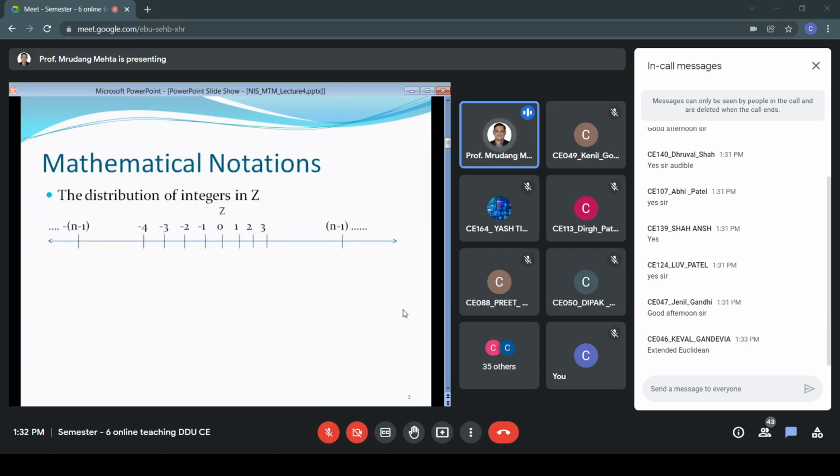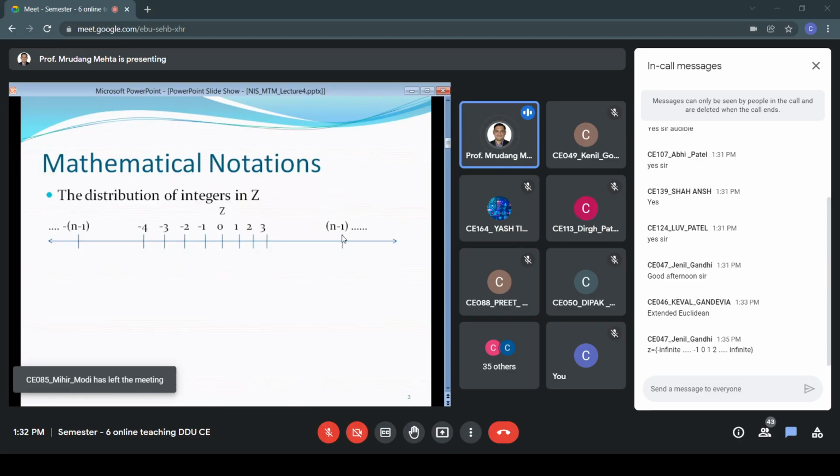Can we represent it like this on a line? We have 0, 1, 2, 3, up to n minus 1, and then minus 1, minus 2, minus 3, minus 4, up to minus n minus 1. So many such numbers are possible in Z. So this is the distribution of integers in Z.